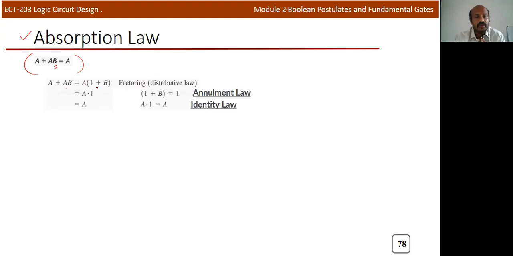You can take A common, so it becomes 1 plus B. Annulment law states that 1 plus B is equal to 1. From the previous law, we know that this result is equal to 1. So it becomes A into 1. A into 1 is equal to A by using identity law. So your final result is A.